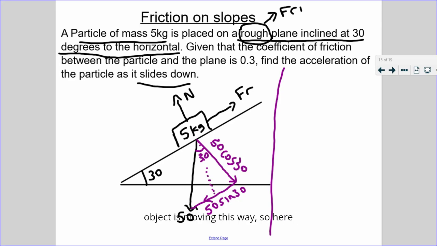Now, the object is moving this way. So here you will have acceleration. It's not moving this way. So we'll do this direction first. F equals ma.